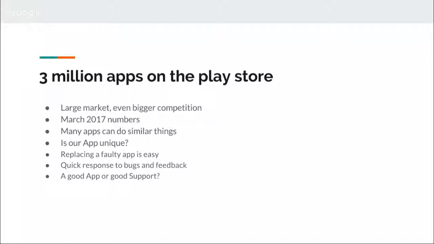A good application will keep being good, but as new versions of Android roll out, as other applications get installed, our application will probably fail. And the thing is that without a good support team, we probably won't be able to keep the user base or even get more users.